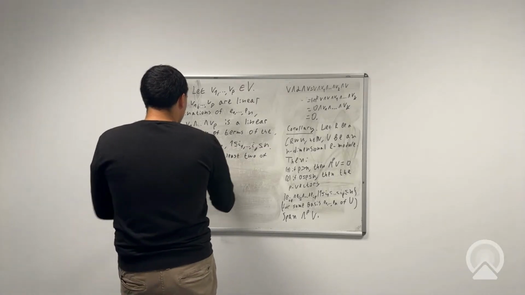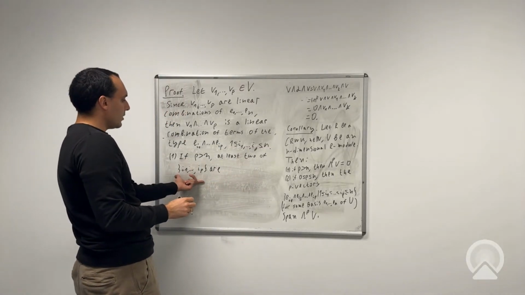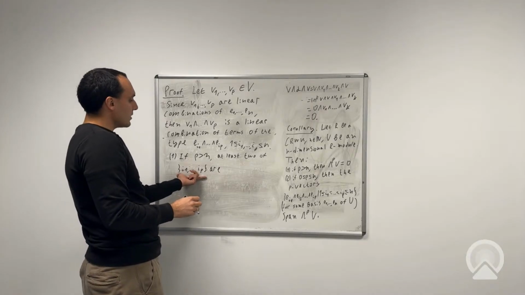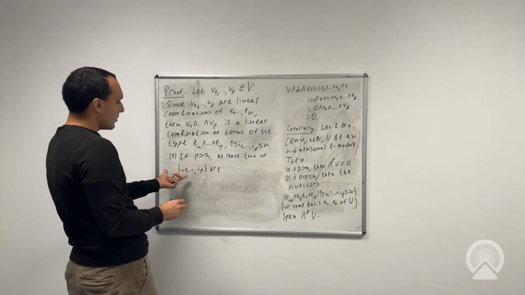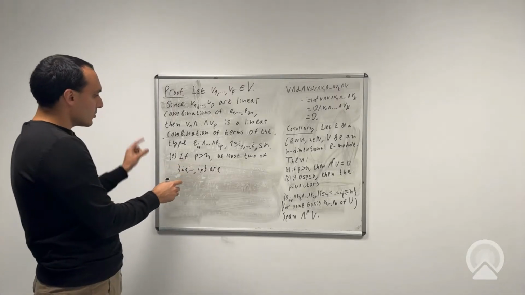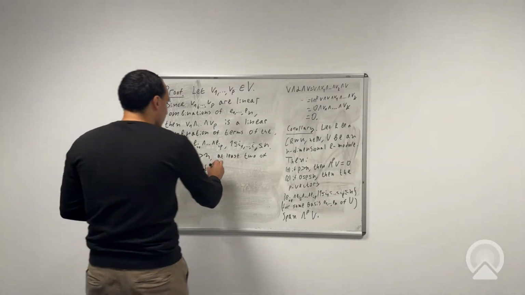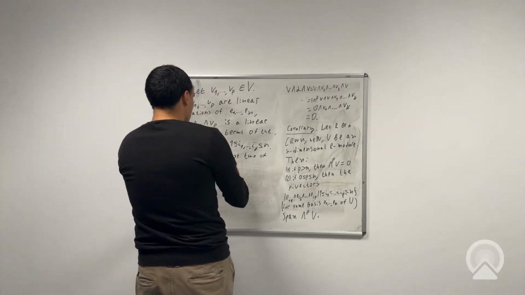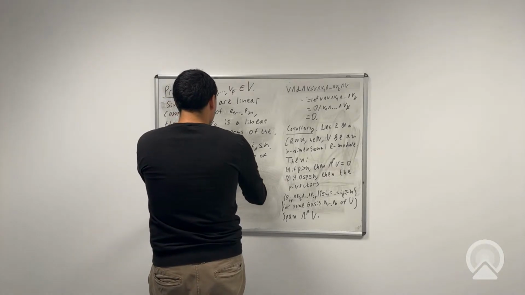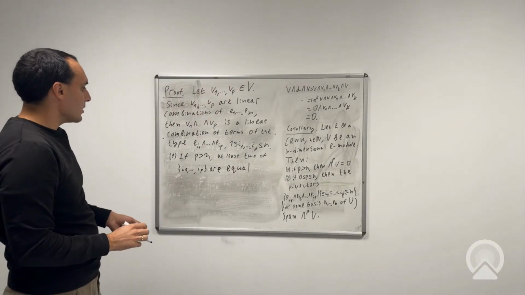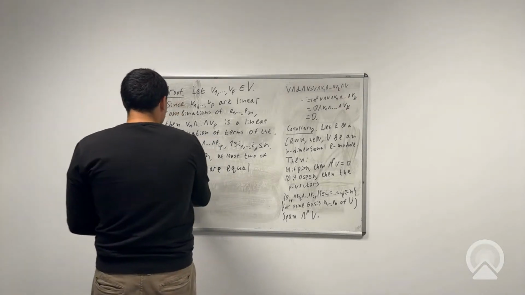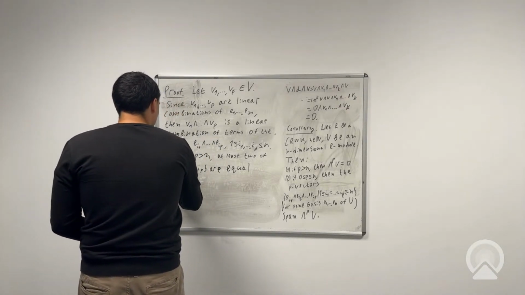So we have a set with at least n plus 1 elements, but the elements are from 1 to n, so at least two of them will be equal. And by the first proposition I proved, this means that the whole result is 0.